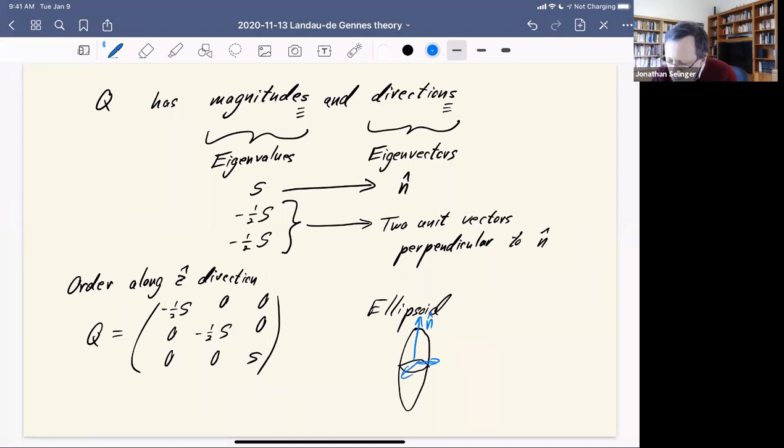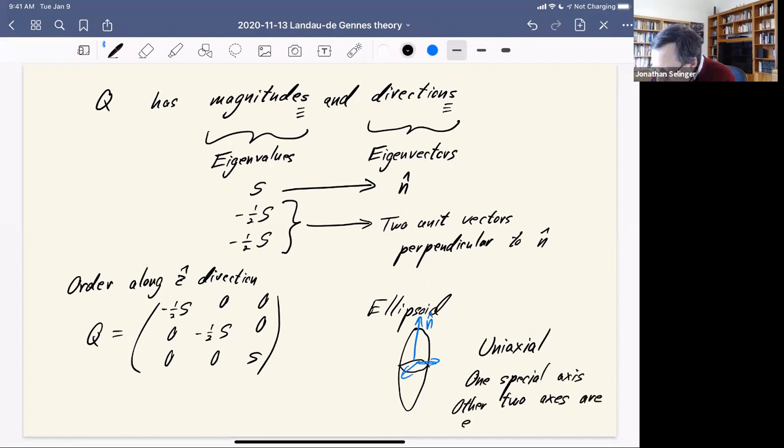The mathematical word for that is uniaxial. That is to say, there is one special axis and the other two axes are equivalent to each other.